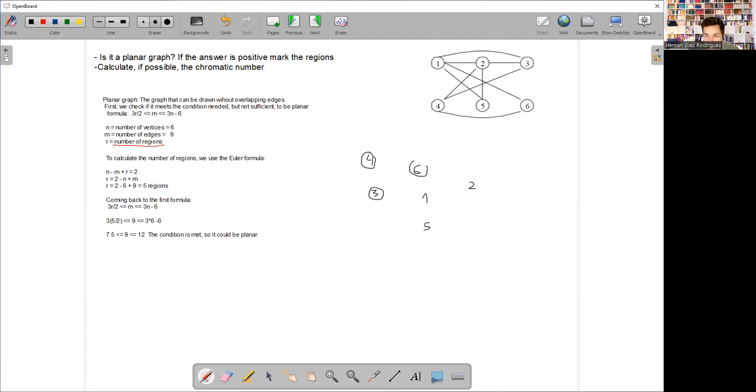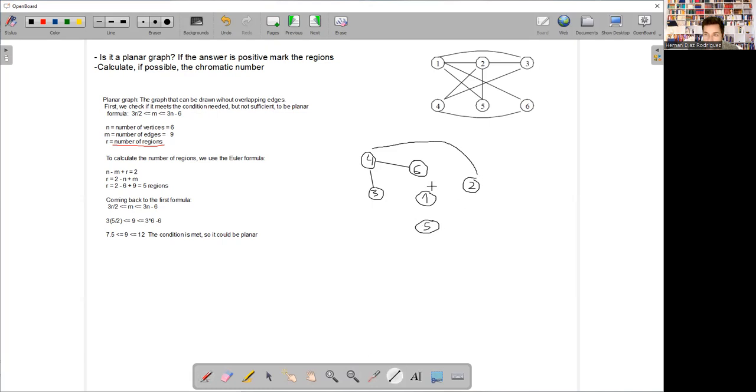I'm putting all the nodes here, and then we have a link between 4 and 6, between 4 and 3, and between 4 and 2.